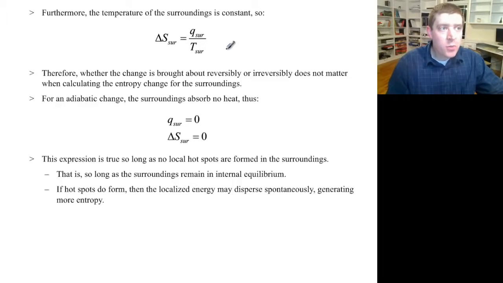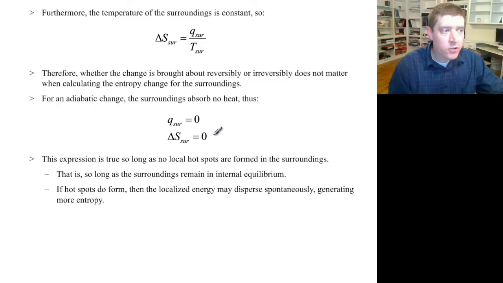So whether the change is brought about reversibly or irreversibly doesn't matter anymore when we're calculating the entropy change for the surroundings. It does matter for the system, but not for the surroundings. And for an adiabatic change, the surroundings absorb no heat. Therefore, the heat transferred to the surroundings must be zero. So for an adiabatic change, the entropy change of the surroundings has to be equal to zero.